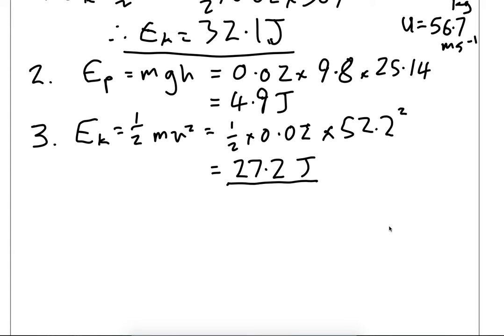For that, we can use another equation, the spring potential energy, which is a half kx squared, where k is the spring constant, which is what we're actually looking for, and x is the displacement, the distance that the spring is distorted. So in this case, the distance that the bow is pulled back.